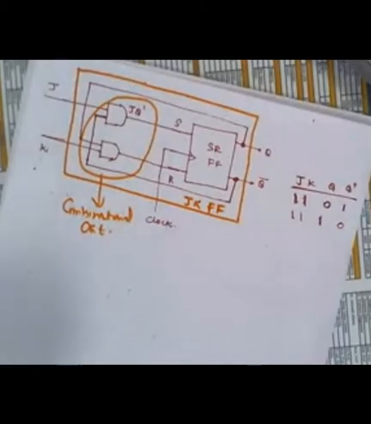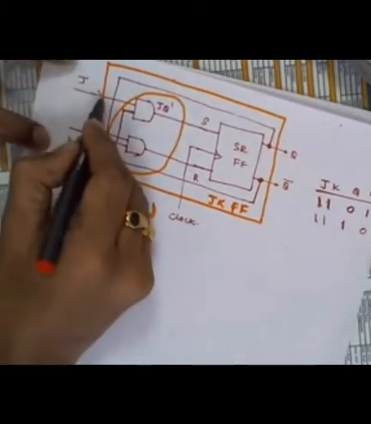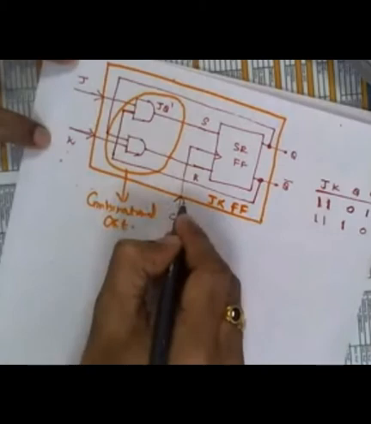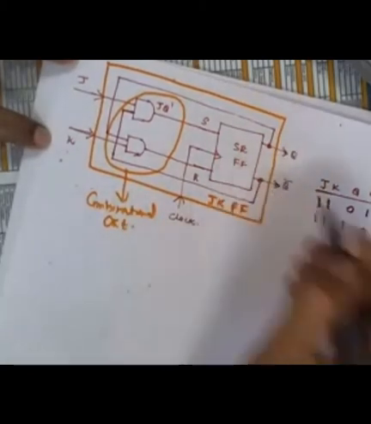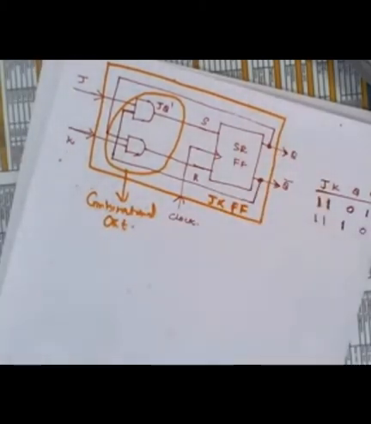What is happening ultimately? J is an external input, the clock is an external input, and these two are the final output. We designed the circuit for our required application: if J is like this, K is like this, and Q is like that, you generate this S and R. I apply the clock now, and once applied, I need this output, because that output is the function of a JK flip-flop.